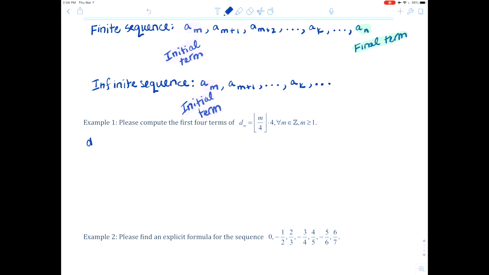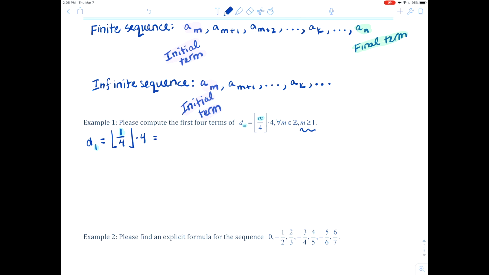So this one here, take a look at what your starting input is. It's greater than or equal to 1. So D1 is equal to the floor of 1 over 4 times 4. So I input 1 wherever I saw an M. Cool? All right, so now what is the floor of a quarter?